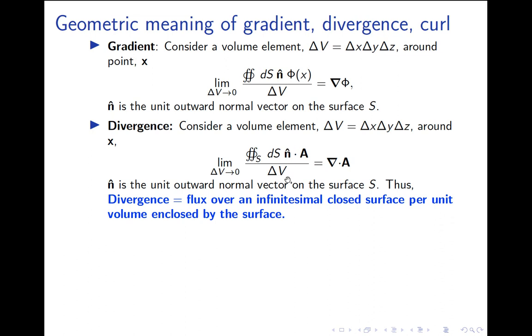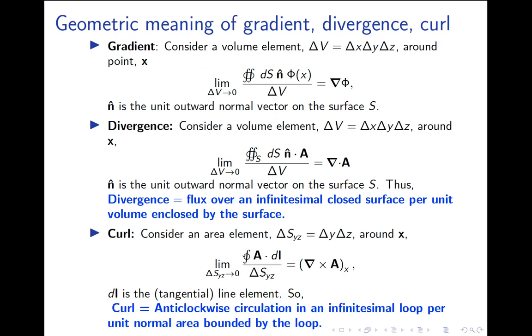So here we have vector field A and a location x, and we're considering an infinitesimal volume which includes the point x. Then the flux of the vector field on the surface of this volume, this flux divided by the volume in the limit that the volume approaches 0, gives you the divergence of A at the point x. Okay, so divergence is the flux over an infinitesimal closed surface per unit volume enclosed by the surface.